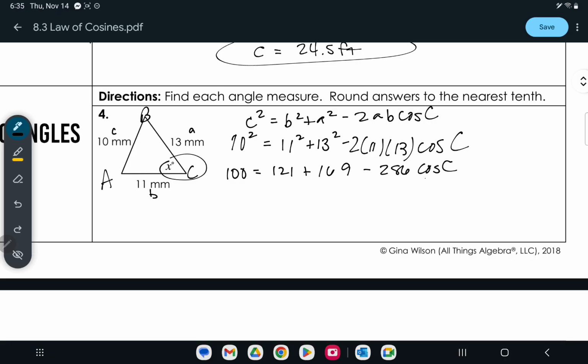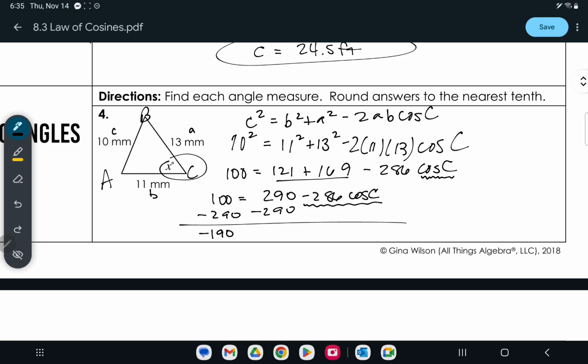Cosine c. So now I need to solve for this. So what I'm going to do is combine some like terms. So does that give me 290? And now I want to isolate this as much as possible, so I'm going to subtract 290 from both sides, and then divide both sides by negative 286.